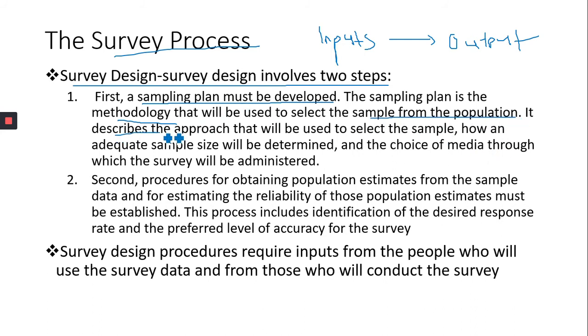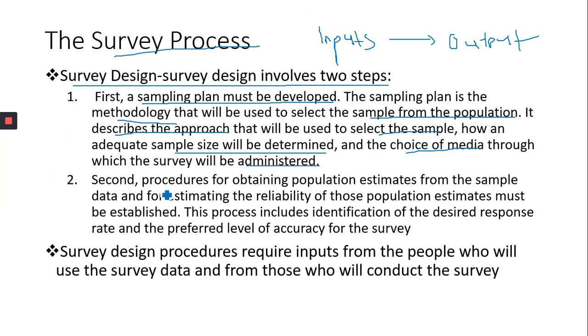It describes the approach that will be used to select the sample, how an adequate sample size will be determined, and the choice of the media, how the data will be gathered, what media will be used. Are you going to send emails? Are you going to go there? So this is the sampling plan, which is part of a survey design.